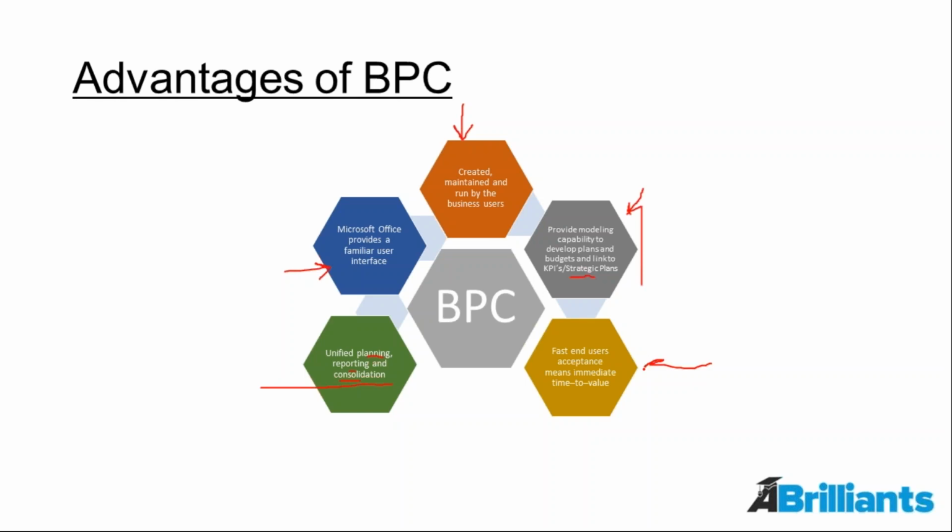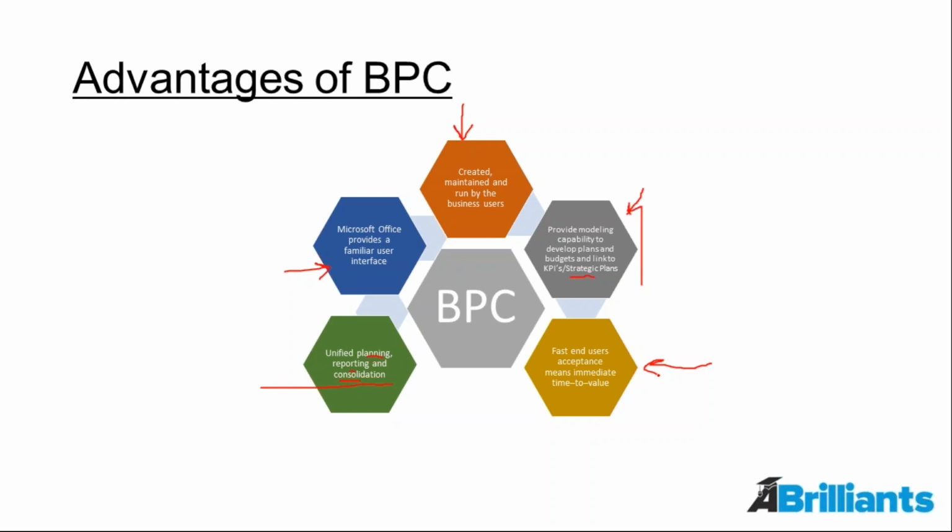And the last point, that is fast end user acceptance, means immediate time to value. Immediate time to value means system is fairly simple, UI and web-based system, easily accepted by the end users. Like we can create the dimensions, models, and reports easily into the system.